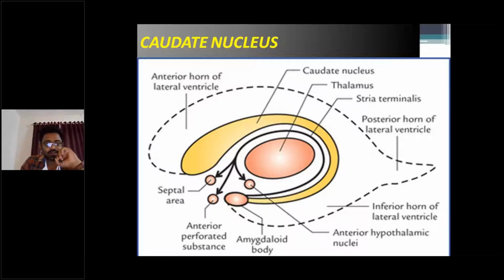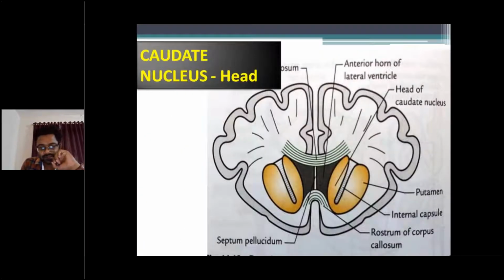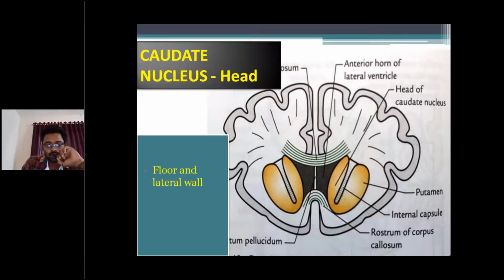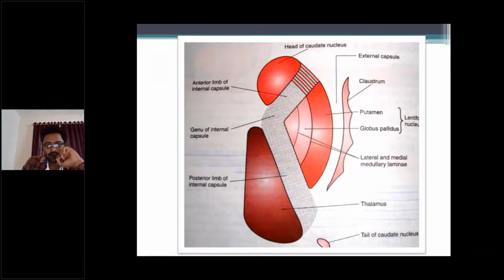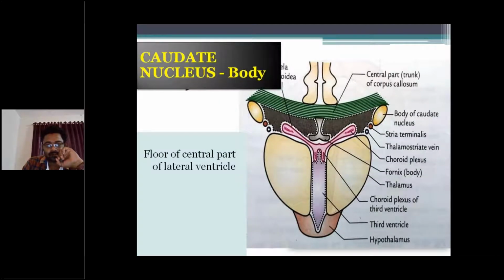Next, the head of the caudate nucleus forms the lateral wall and floor of the anterior horn of the lateral ventricle. The head of the caudate nucleus and the lentiform nucleus are connected by a mass of gray matter below the anterior limb, called the fundus striati.